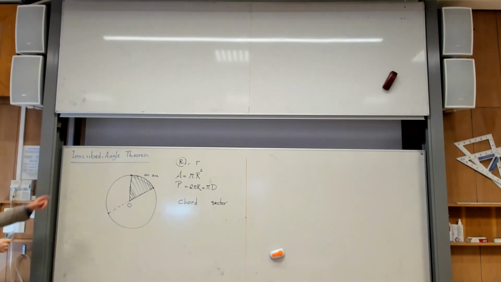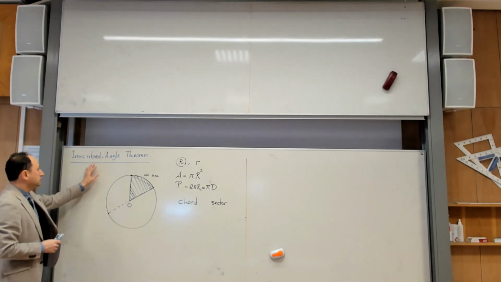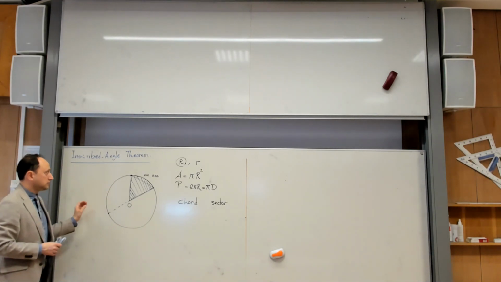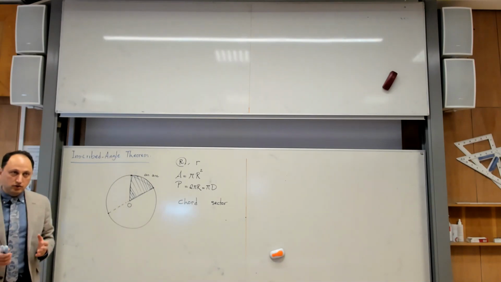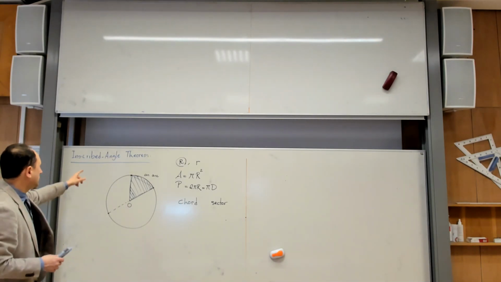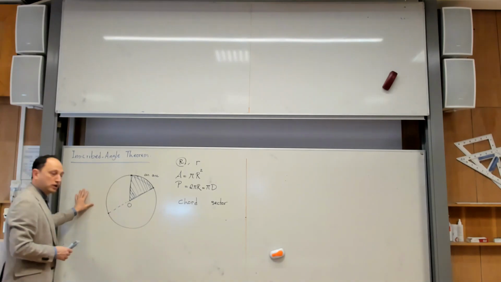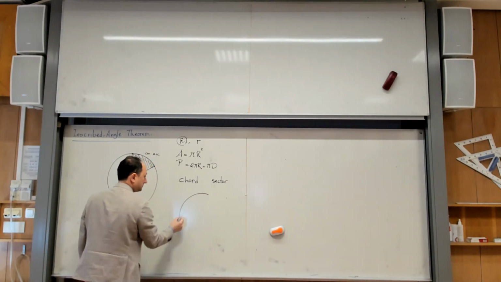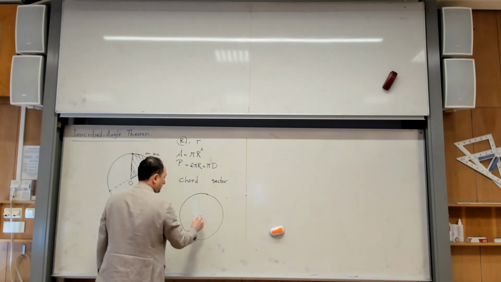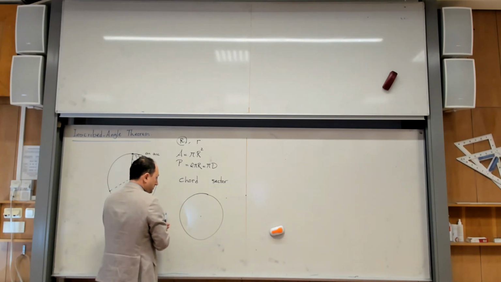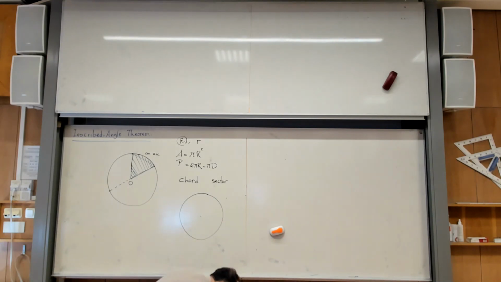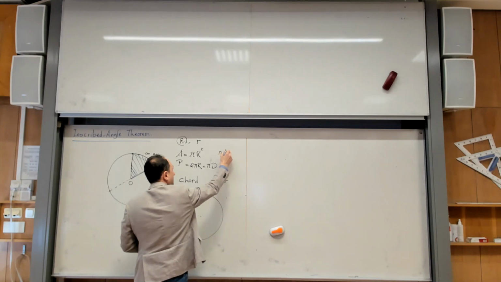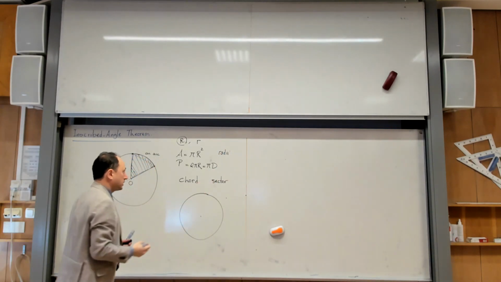But in this course, I want to introduce you to two types of angles for circles. One of them is called a central angle, and one of them is called an inscribed angle. So what do I mean by that? If you have a circle and you consider two radii, by the way, the plural form of radius is radii, meaning two or more radii.